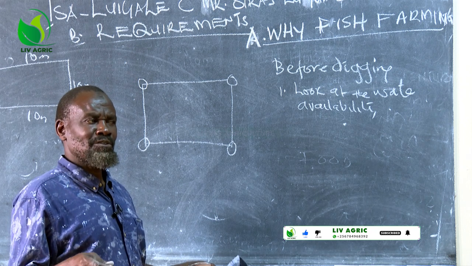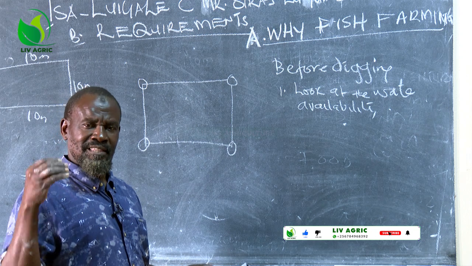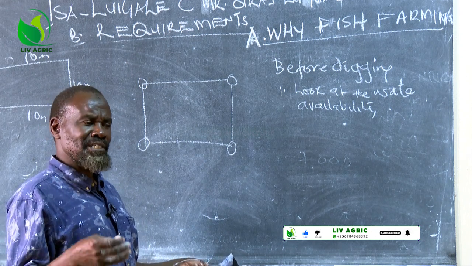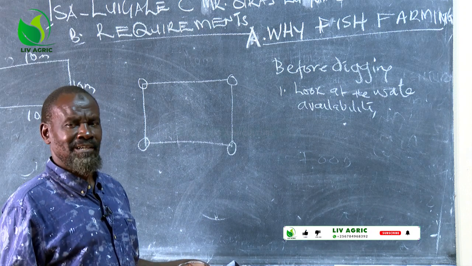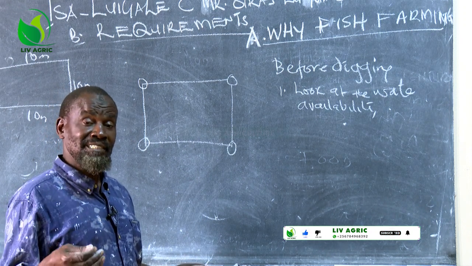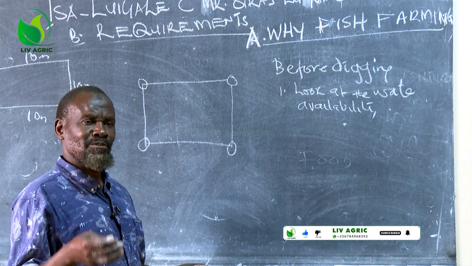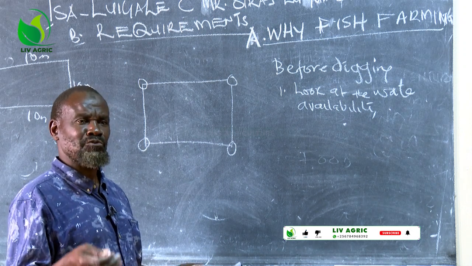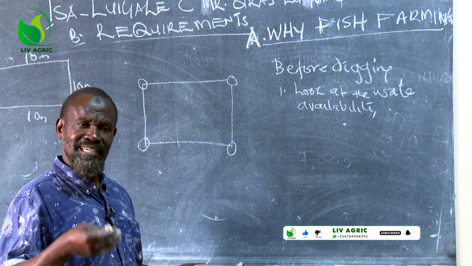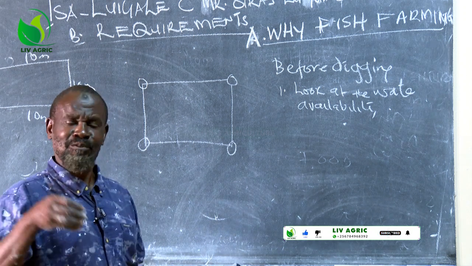Is the water going to be pumped? So we must know the source of our water. We shall come to the qualities of the water later on. But right now, we are tackling the source of the water. Because if the source of the water had some drawbacks, maybe we would have mitigations against those drawbacks. But right now, we must have the water.